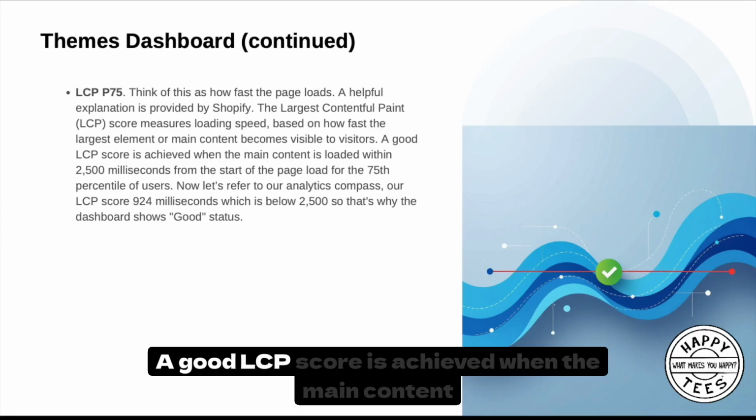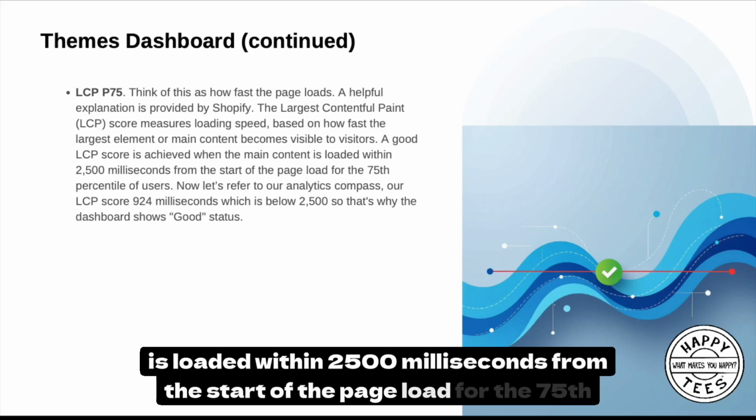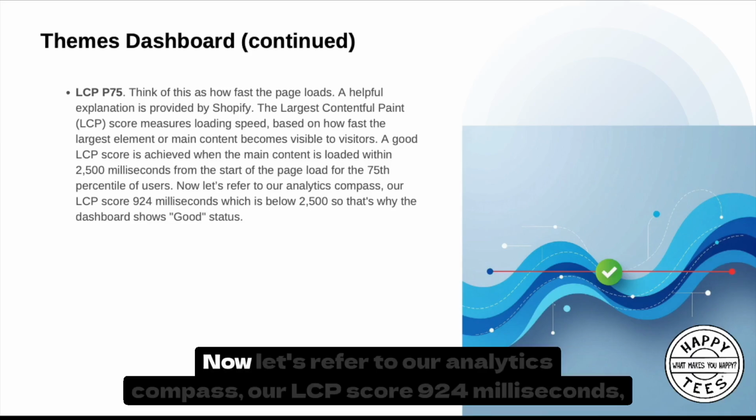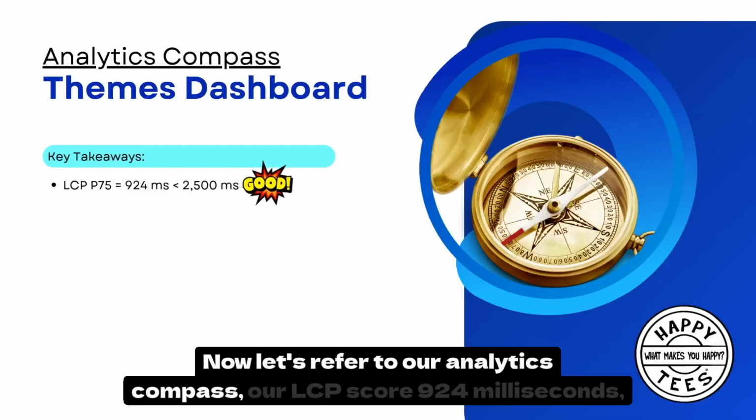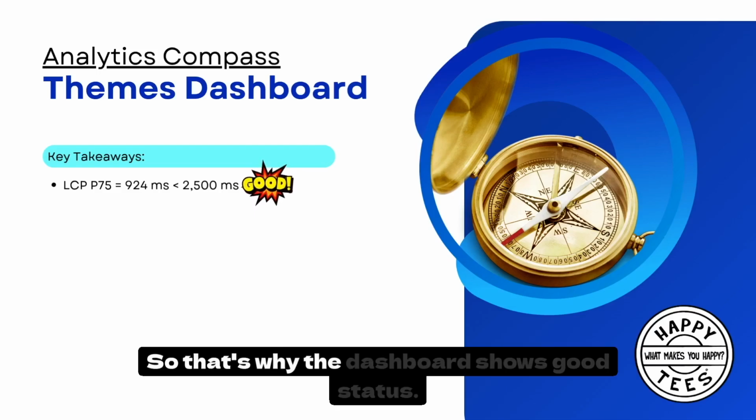A good LCP score is achieved when the main content is loaded within 2,500 milliseconds from the start of the page load for the 75th percentile of users. Now, let's refer to our analytics compass. Our LCP score is 924 milliseconds, which is below 2,500, so that's why the dashboard shows good status.